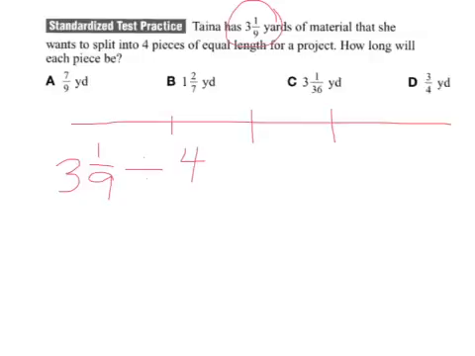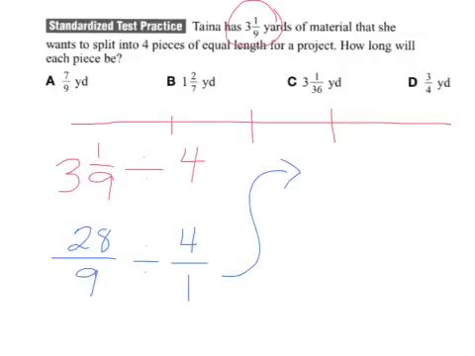Let's start by changing our mixed numbers and whole numbers into fractions. 9 times 3 is 27, plus 1 is 28, all over 9. Still dividing by, I'm going to put 4 over 1. Now that I have that, I'm going to rewrite this problem and flip the second fraction and make it 1 over 4. And now we multiply.